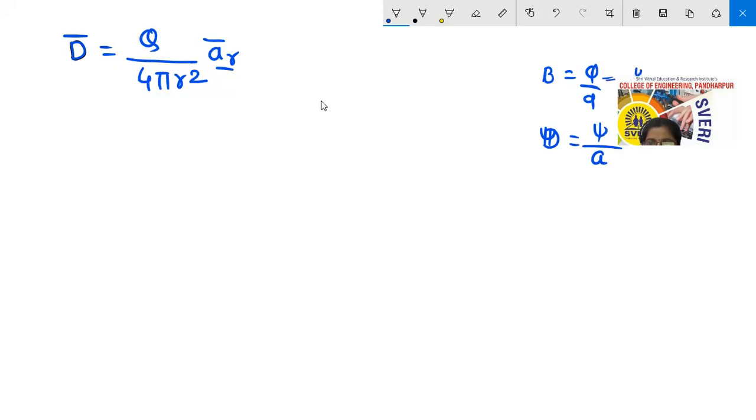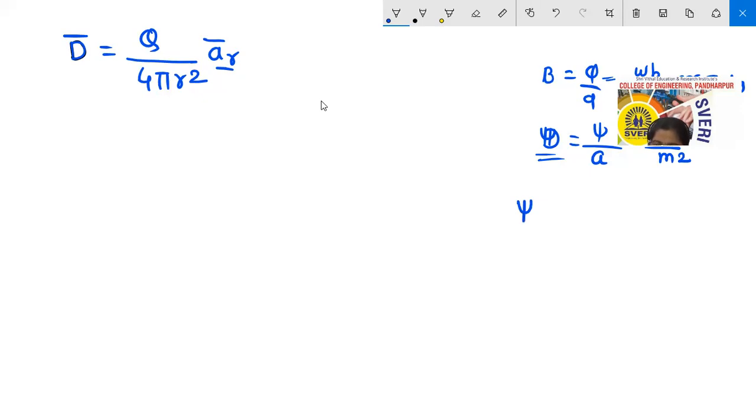Flux is measured in Weber, area is measured in meter square, or it is also measured in Tesla, right? So here electric flux psi is again measured in Weber, and this area is measured in meter square, right? But what is this psi?